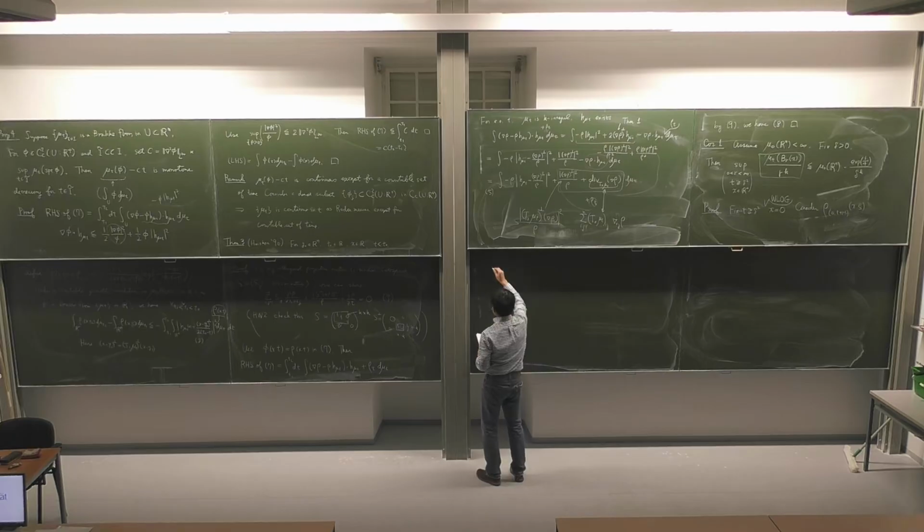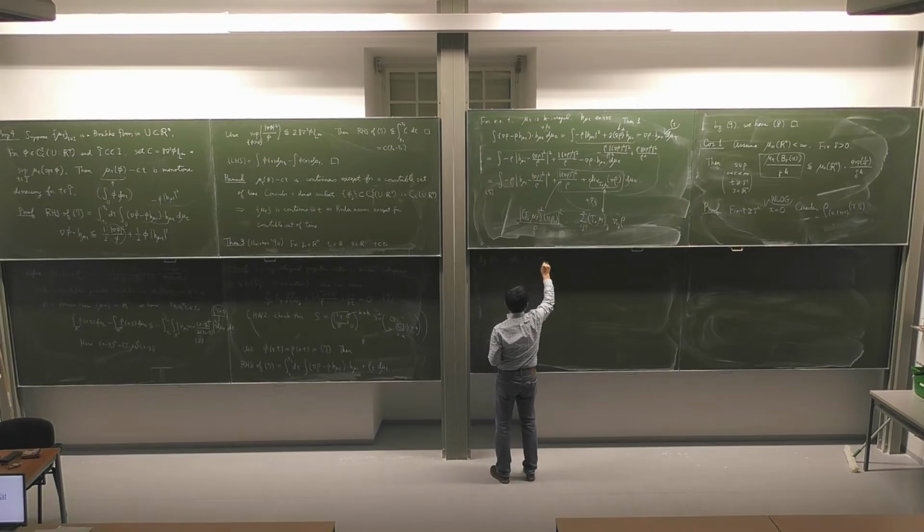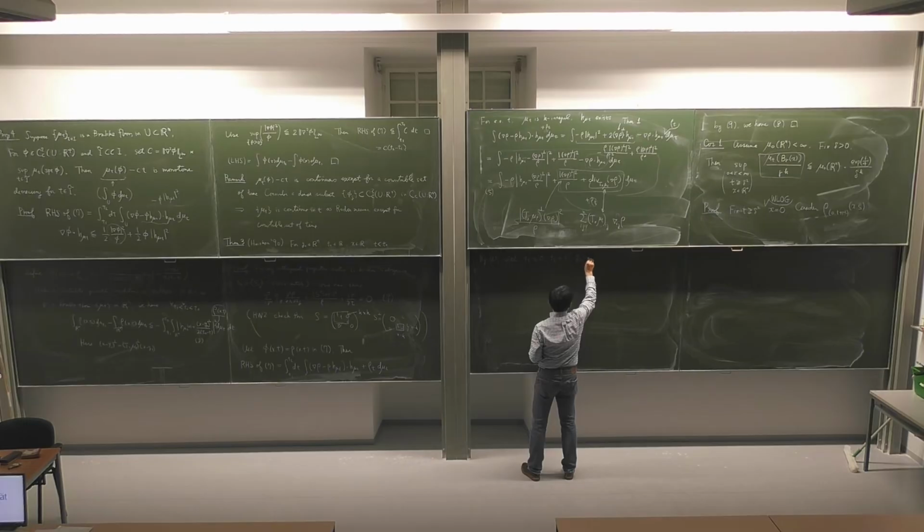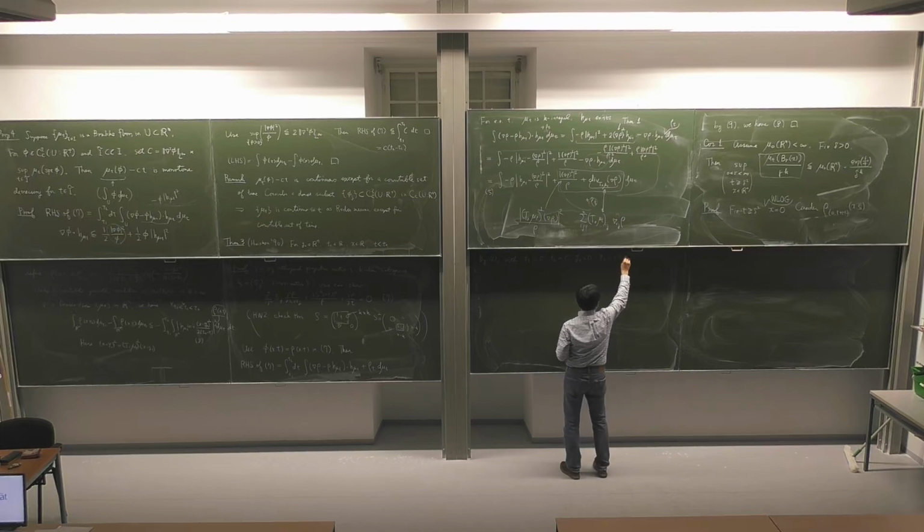So by 8, with t1 equal to 0 and t2 equal to t, y0 equal to 0, and t0 equal to t plus r squared. So that's how you use it.